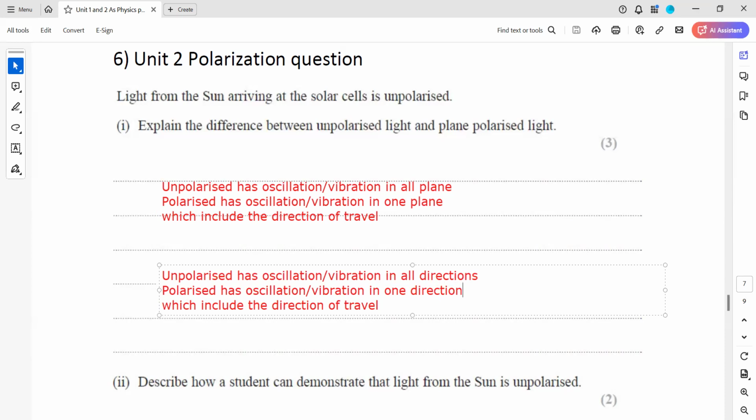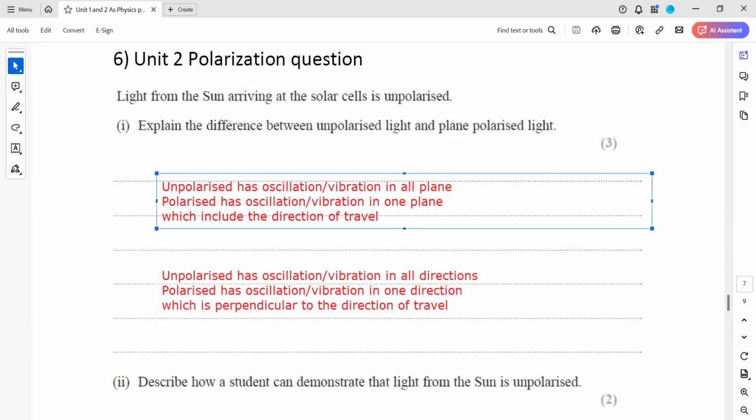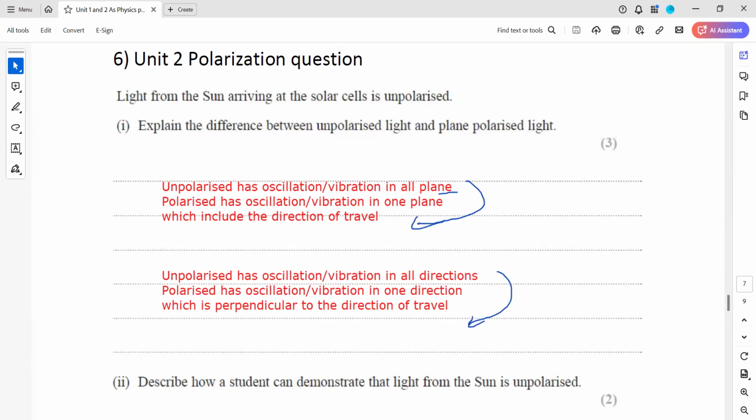And when you mention direction, which is perpendicular to the direction of travel. So if you use the term direction, then you should mention it is perpendicular. But if you use the term plane, the plane includes the direction of travel. So either write the plane one, or the direction one. You cannot combine these two, because plane means the whole axis is involved.